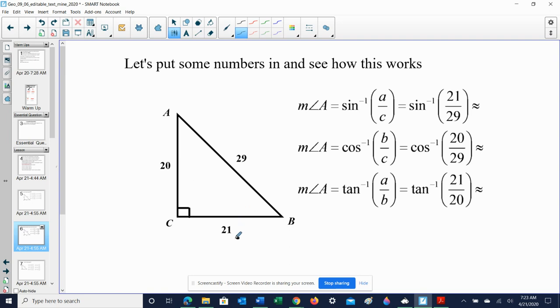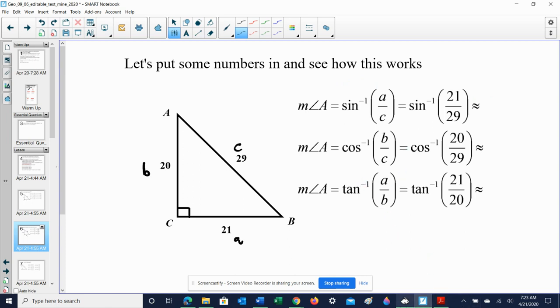This was A, this was B, and this was C. Inverse sine is A over C, opposite over hypotenuse, 21 over 29. So how do we get that number? Now notice I have approximately, because it is going to be an approximation. We're going to round to the nearest tenth when we round to degrees.